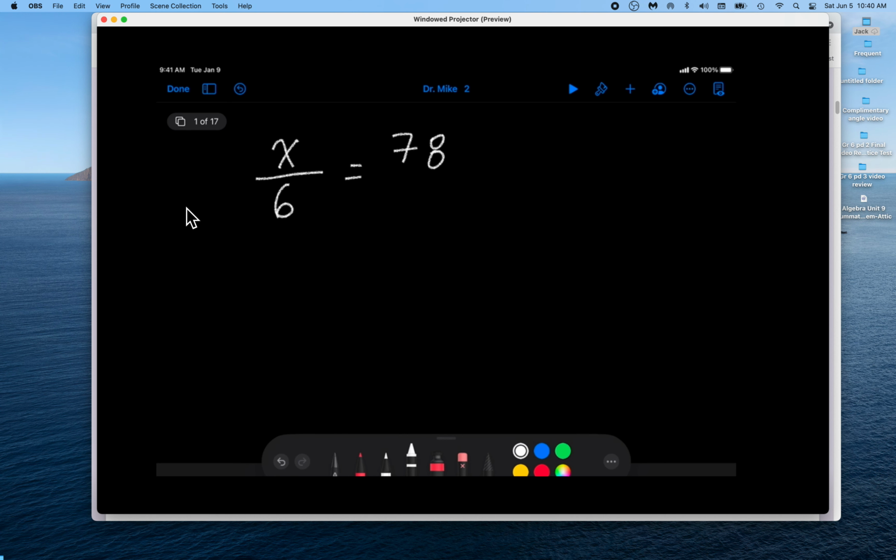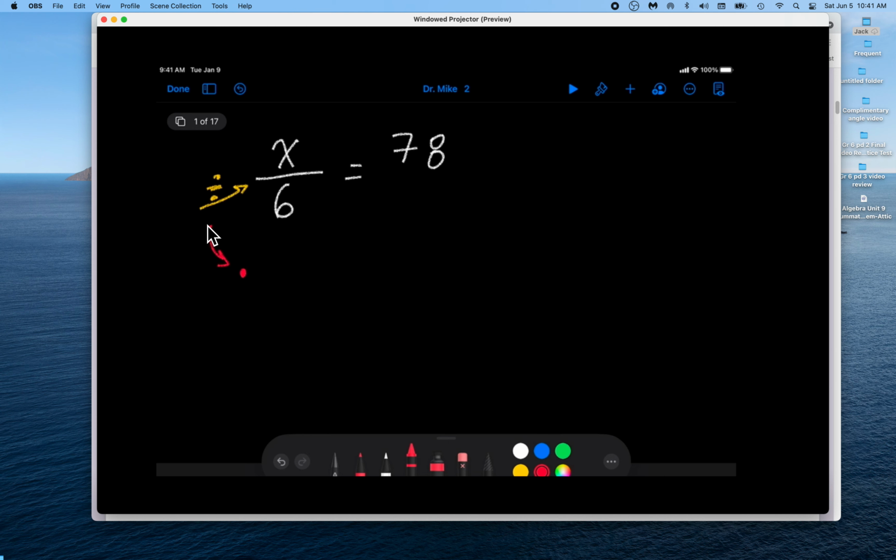The second thing you ask yourself is, what is the operation being performed between x and any of its neighbors? So here there's only one neighbor, 6. Division is going on. That's what fractions are. They're division problems. So immediately we know we have to employ the inverse operation, which is multiplication.